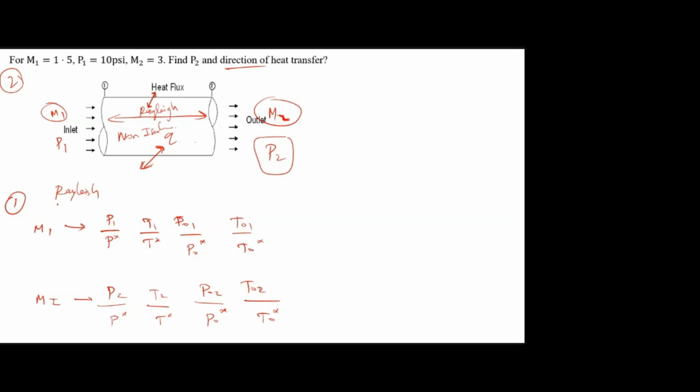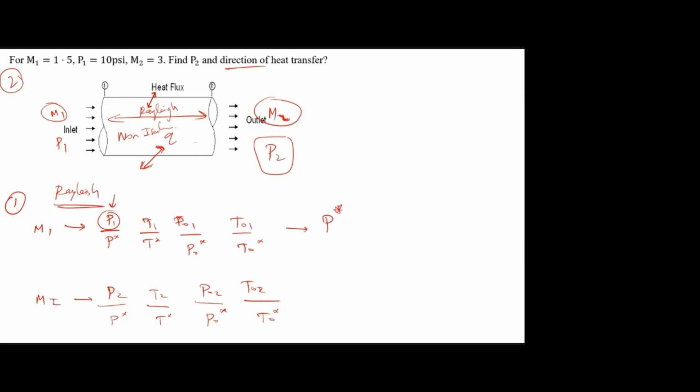Now from the Rayleigh table, I got all the ratios. Now tell how to proceed. So we can find P2. We can substitute P1 here, and from that you can find P star.